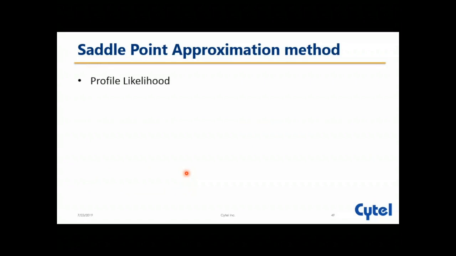So the first method, that is modified profile likelihood, I'm going to talk about it in detail. For modified profile likelihood, first we should have the profile likelihood. So in profile likelihood, suppose we want to compute the profile likelihood of one parameter beta 1 only, and we have say p parameters beta 1, beta 2, beta 3, up to beta p.